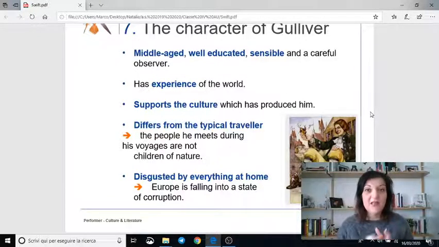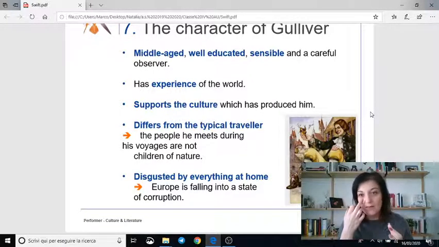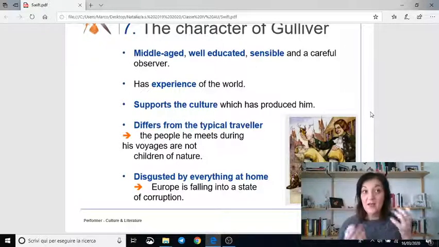We usually find in these novels a middle class man, self-made and self-reliant, who looks very much like the middle class reader. Don't forget what we said in the past when we started to study the rise of the novel in England and in Britain. So let's focus on Gulliver, the protagonist, the hero of this novel.